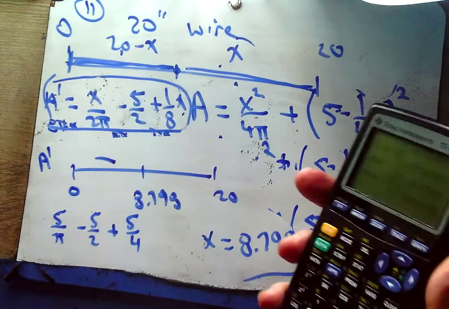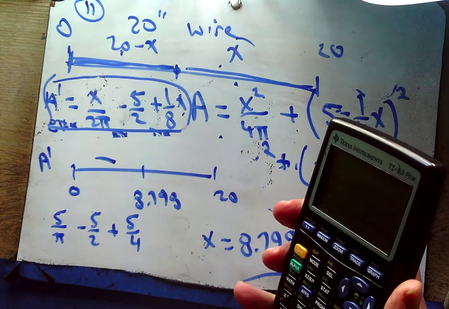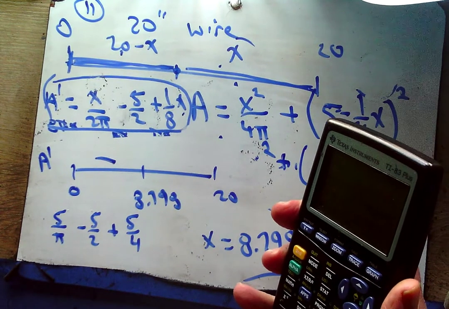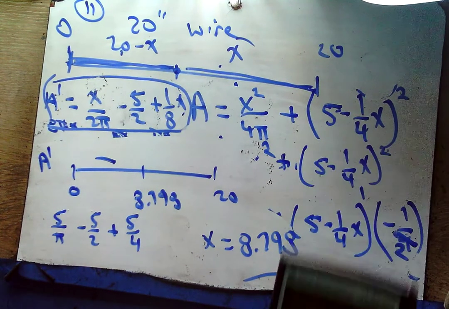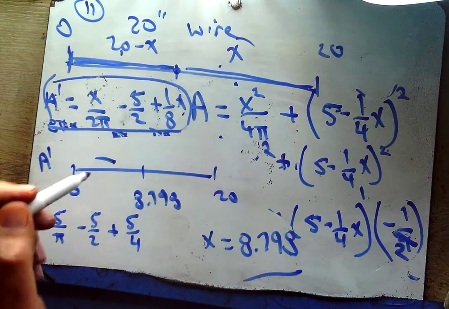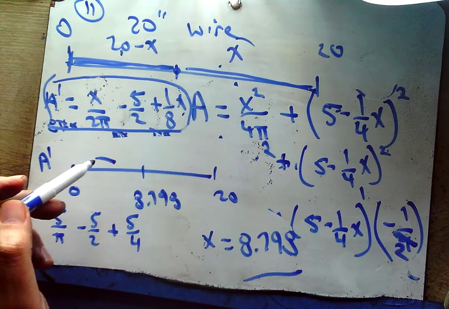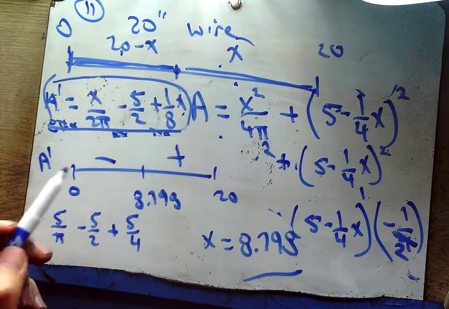So 5 divided by pi, plus 5 divided by 4, minus 5 divided by 2. And I get 0.3415, and that's positive. So that's a minimum.